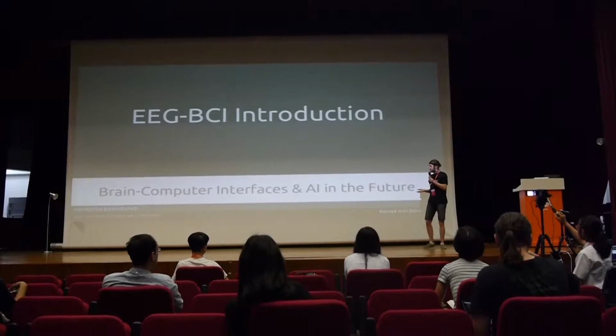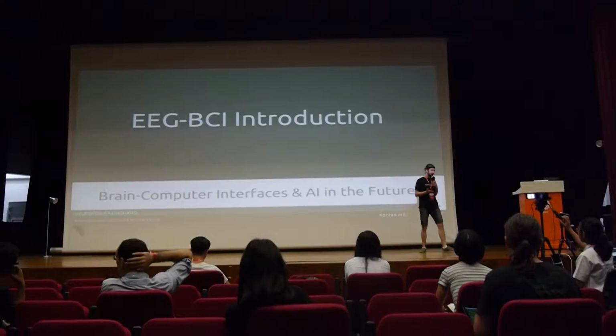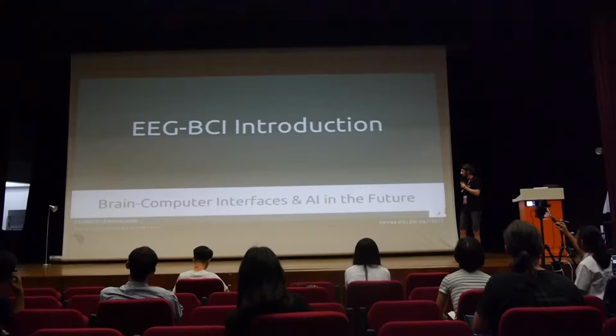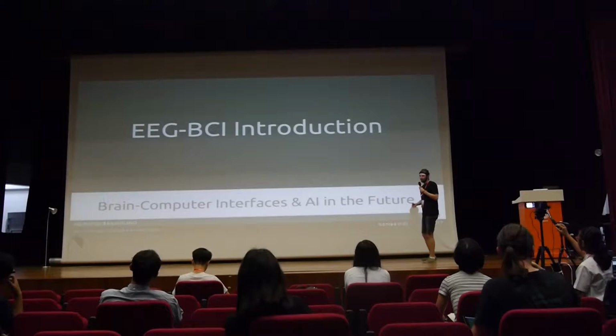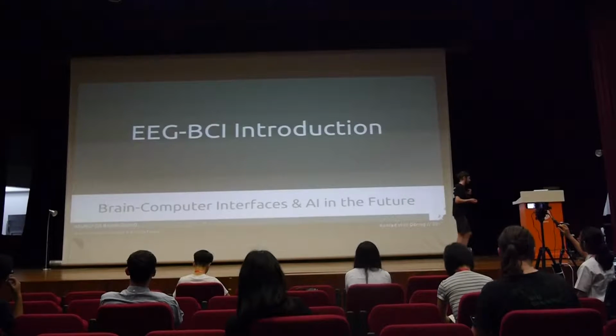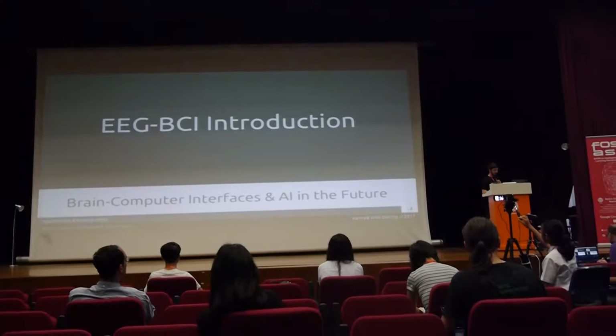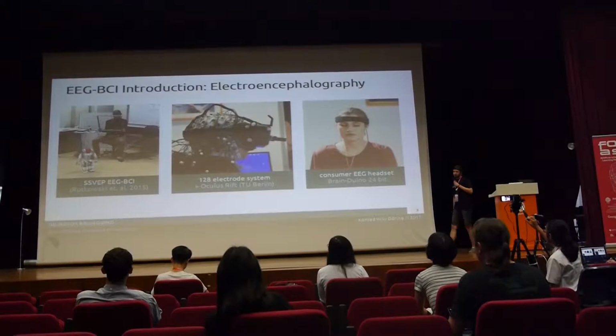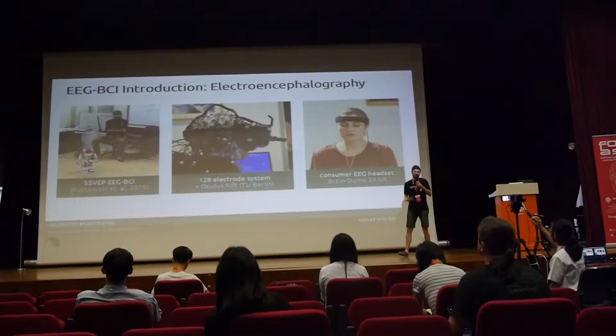What is actually EEG BCI? It is electroencephalography, a way of measuring potentials on the surface of the head. This had actually been discovered in the 20s by a German physicist named Hans Berger. And here we are 100 years later, and we are able to control robots with the power of our thoughts.